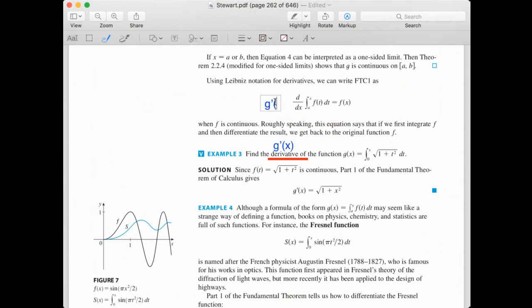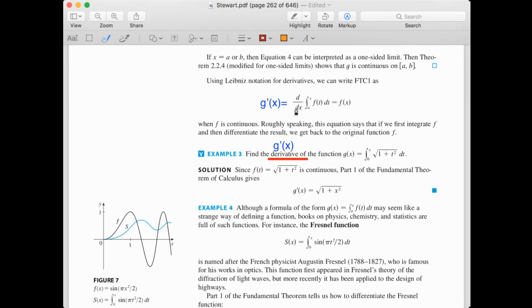So g prime of x, we take a derivative, so dg dx. Take a derivative on both sides. So dg dx, or g prime of x. On the other side, same thing, we take d dx of this. So we differentiate, then integrate, or anti-differentiate.